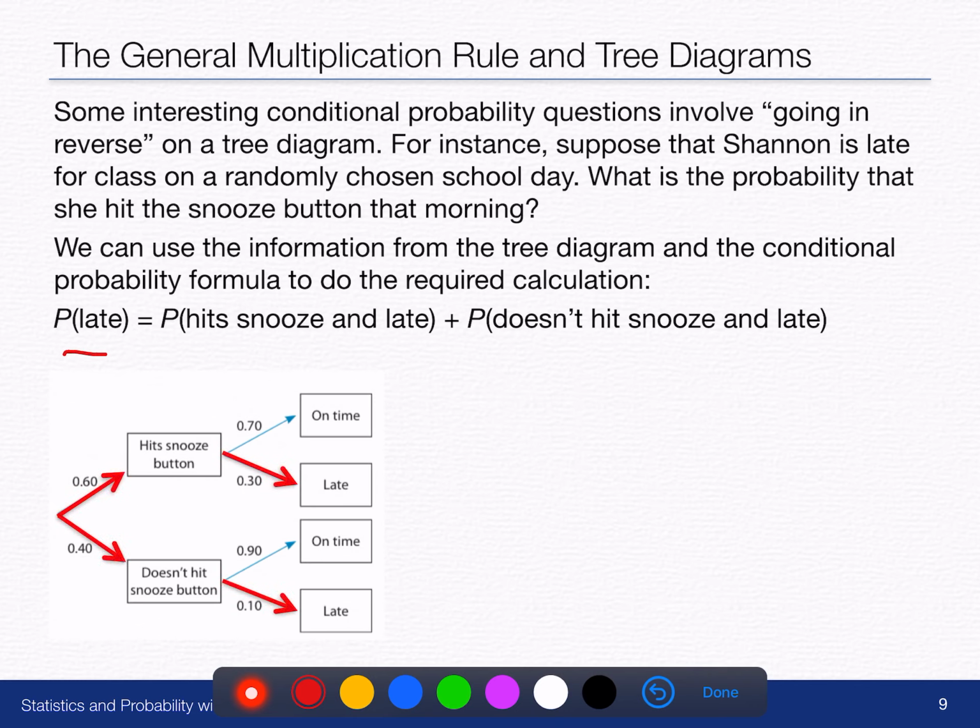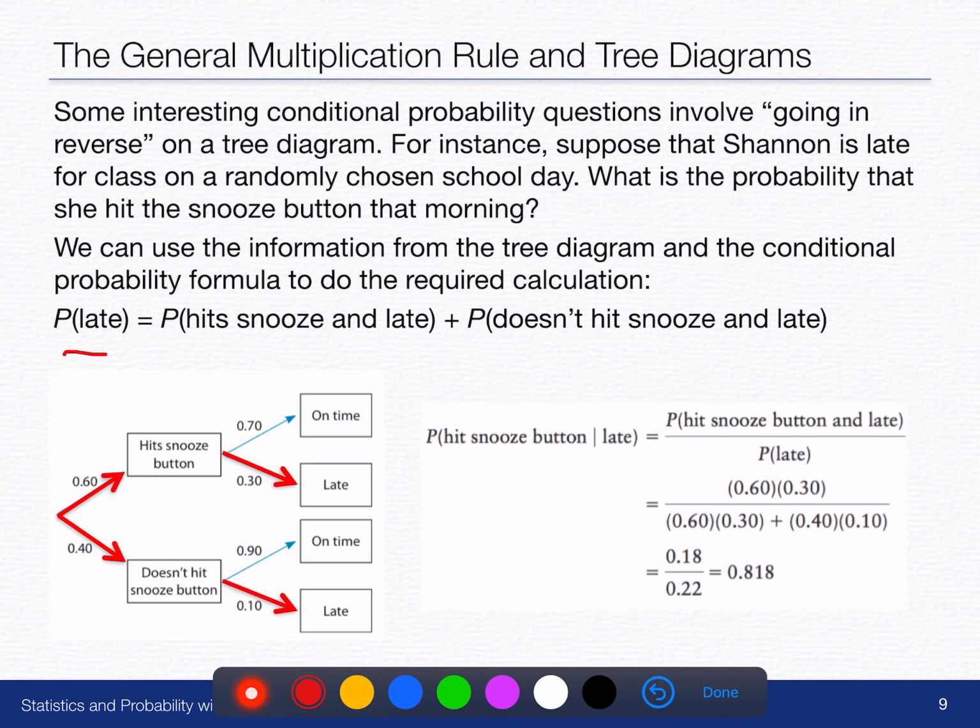So notice, the probability that the person hits the snooze and is late. Because it's an and statement, okay, hits the snooze button given that she was late. So we're working backwards, actually. Given that she's late. Remember, your given goes on the denominator.